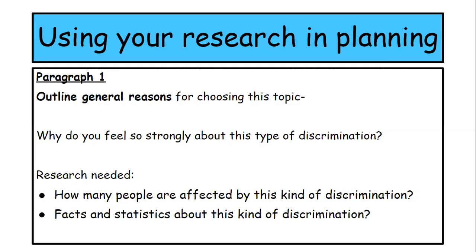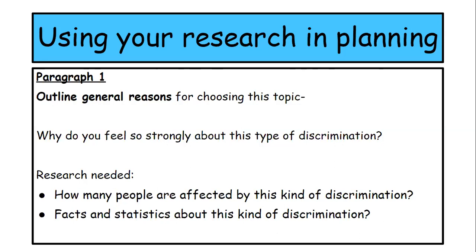Ableism, ageism, sexism, any type of discrimination, you could choose that topic. But in this particular paragraph, you need to explain to your audience why you feel so strongly about that type of discrimination. Why have you chosen it?